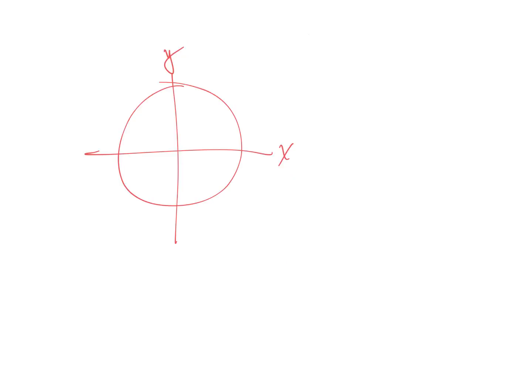Another way to measure the angle of a circle is with something called a radian. And so let's take a look at a circle. Let's say that this circle has a radius of r. Then for a circle with radius r, the radian measure of a central angle, and let's call that angle theta, so let's say this has an angle of theta, and because this is a circle, that length is also r.